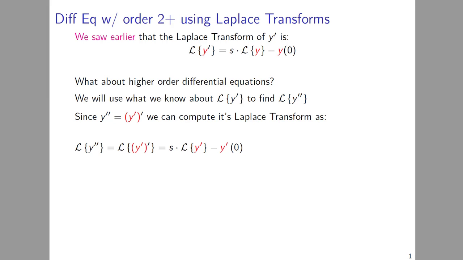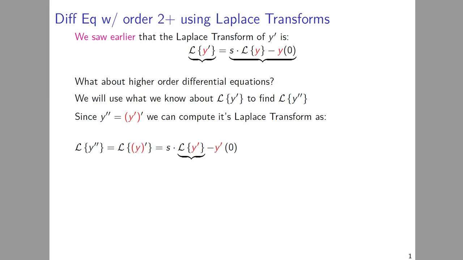So its Laplace transform is s times the Laplace transform of the function whose derivative we're taking, in this case y prime, minus y prime at 0. Now, we also know the Laplace transform of y prime. That we wrote above.